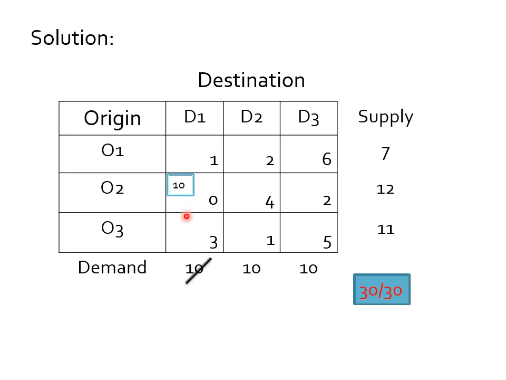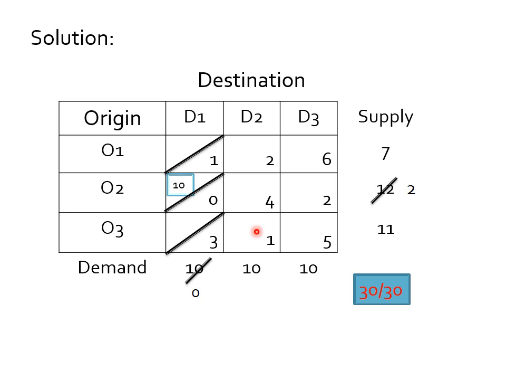Then demand 10 becomes 0, and supply 12 becomes 2. Since the demand becomes 0, we strike out the entire column. Next we look at the remaining cell values. Out of the remaining, which cell contains the least value? Here 1 is the least value.